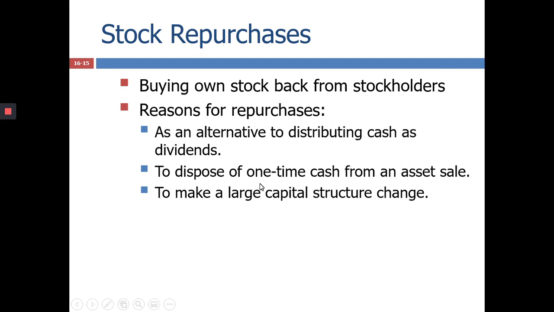Let's say every year your profit is 100 million, but all of a sudden this particular year your profit is 300 million, because you sold a piece of land for 200 million. So for that particular year your profit is too high.